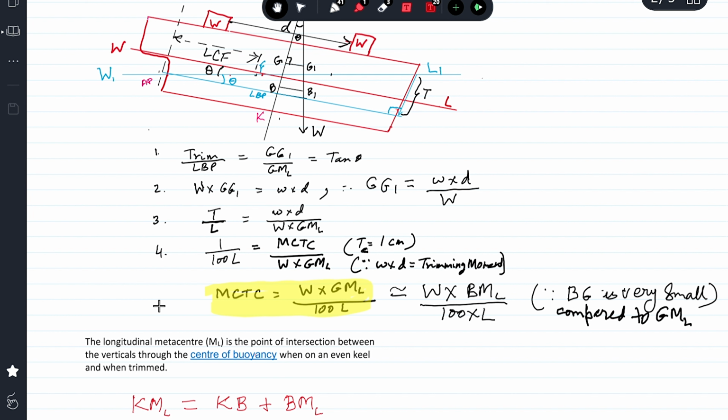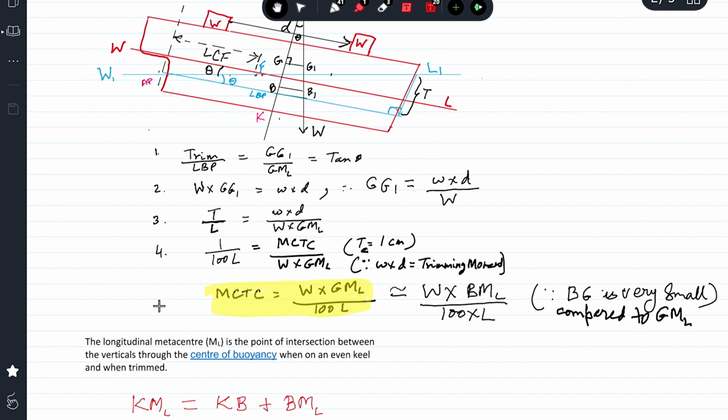If GML data is not available and you cannot calculate GML, we can use BML in place of GML. They are approximately very close to each other because BG is a very small distance compared to GML and BML. BG is very small, so it can be safely used.